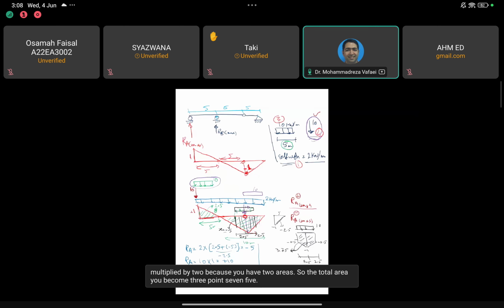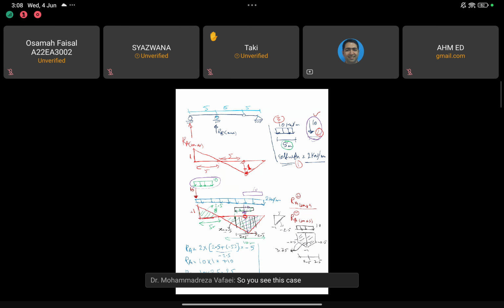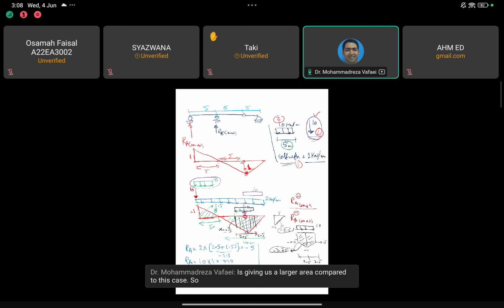So you see this case is giving us a larger area compared to this case. So this scenario is not producing a larger value compared to this scenario. So now we have one point load right in the middle, and our uniformly distributed load that can move, again in the middle of the span.